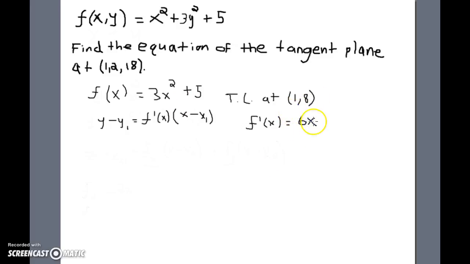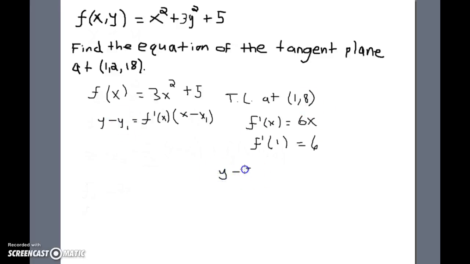And then we would plug in the x value of 1, since that's the coordinate, and we want to find the tangent line at this particular point, and we get f prime of 1 equals 6. And so then your x1 is your 1 and your y1 is your 8, so then we just put it into the equation.